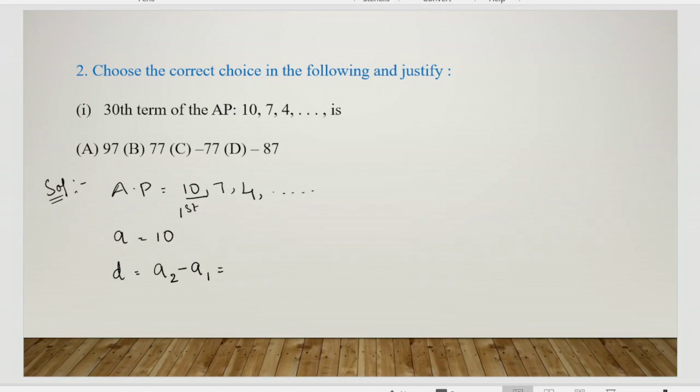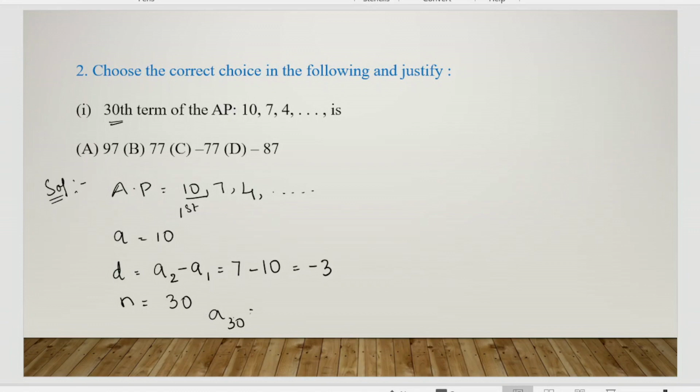So 7 minus 10 is minus 3. And n is the number of terms. Here we need to find the 30th term of an AP, so n is 30.